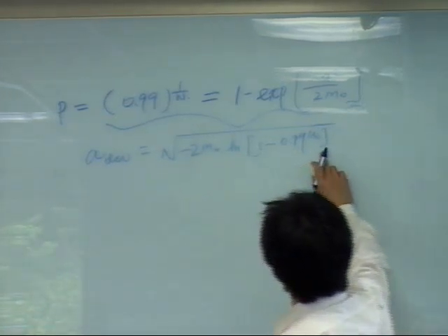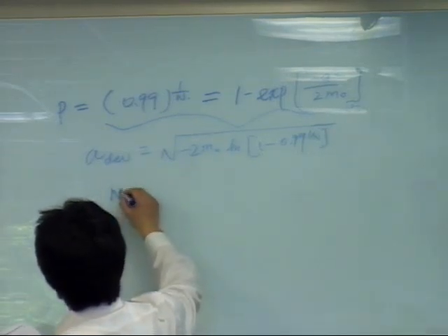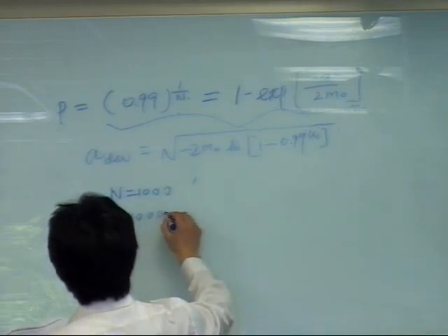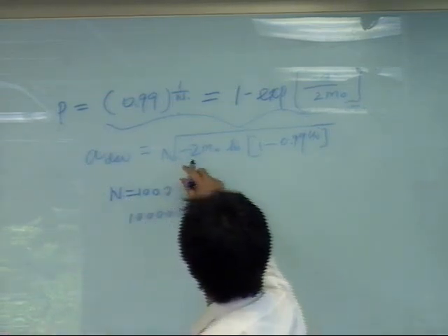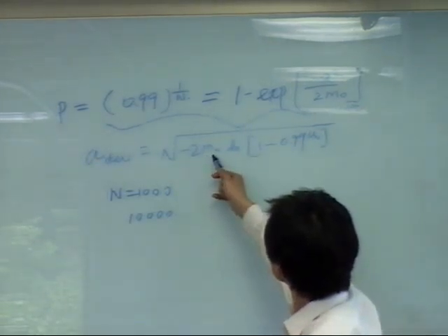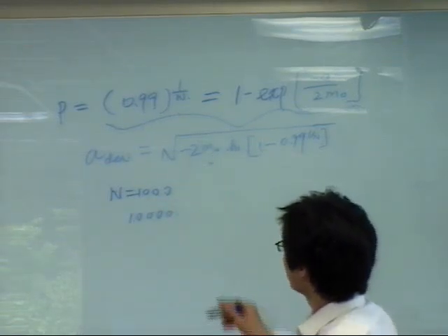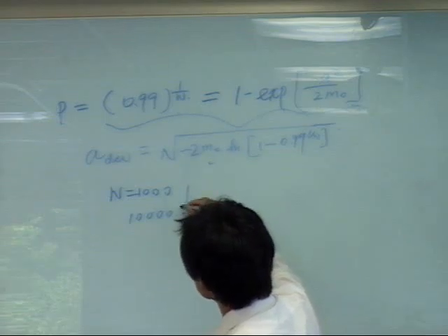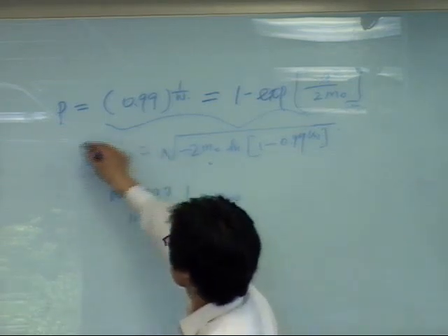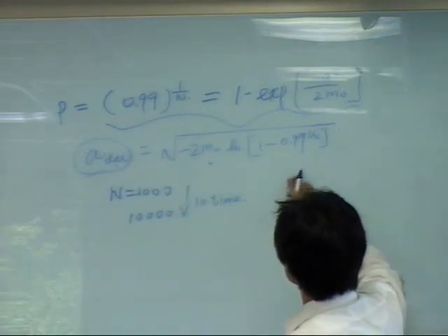And if you put any numbers like n here, try different values, let's say 1,000 or 10,000, and keep the rest of the parameters unchanged, you'll find that although you change n by 10 times, the variation in this design value is about 10%.